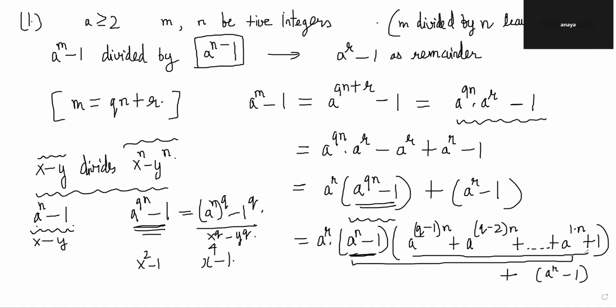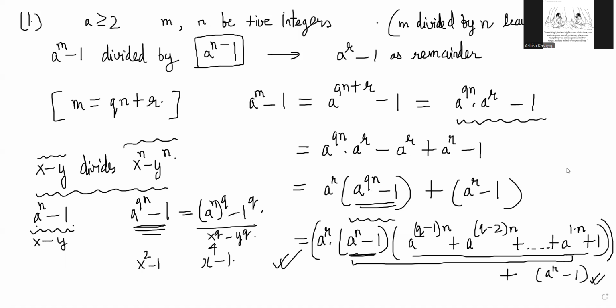So clearly now if I divide this expression by a power n minus 1, this first term is completely divisible. So remainder will be this only, right? Do you understand what is happening?